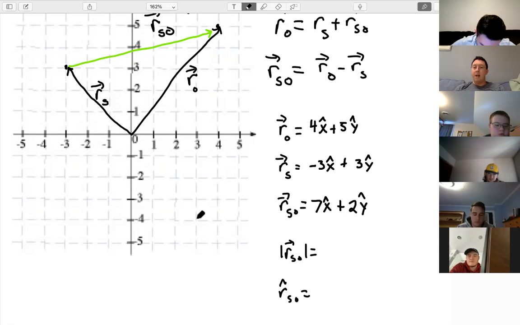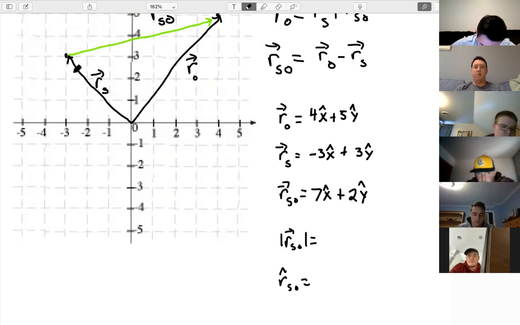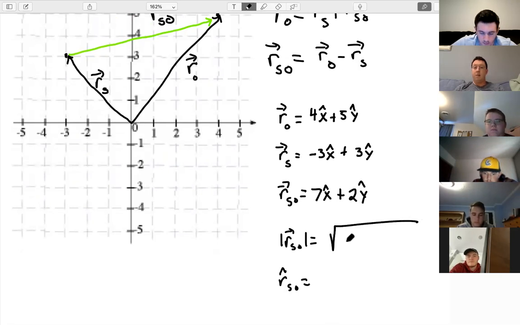And then how do we find the magnitude of R_SO? That's just going to be the Pythagorean theorem. So that's going to be 7 squared plus 2 squared, 49 plus 4 is 53.